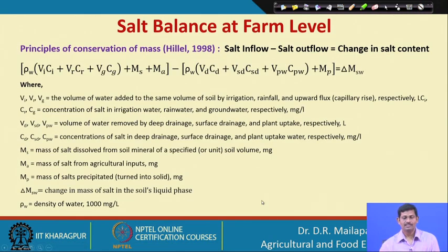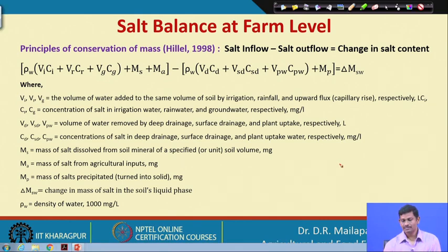Okay, the other one is salt balance at farm level. If you see the salt balance, this is a simple mass balance equation. This is the field, and there are some inputs and outputs. What are the inputs? Inputs are basically the water, salts present in the water, and salts present in the soil.